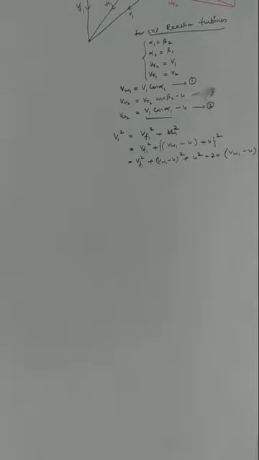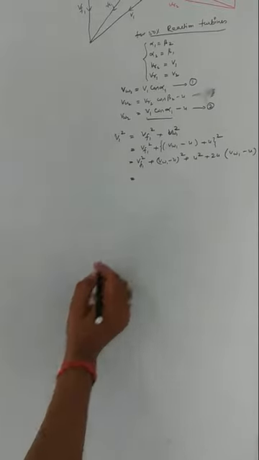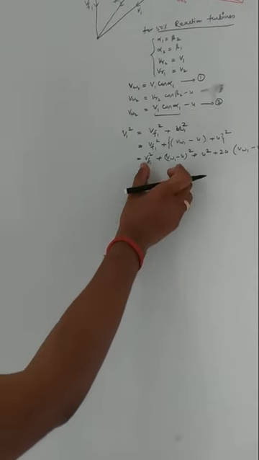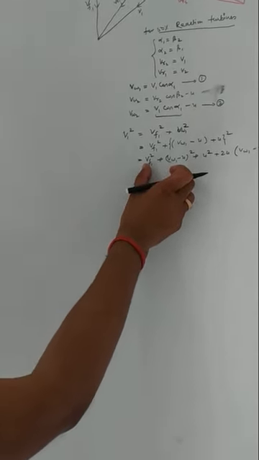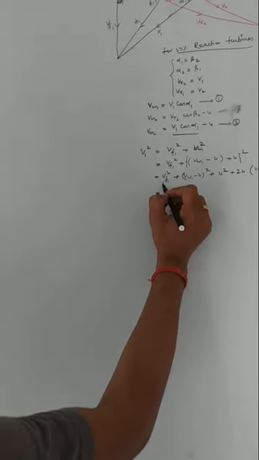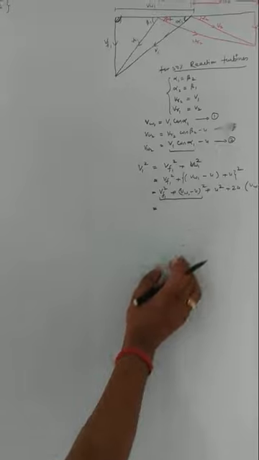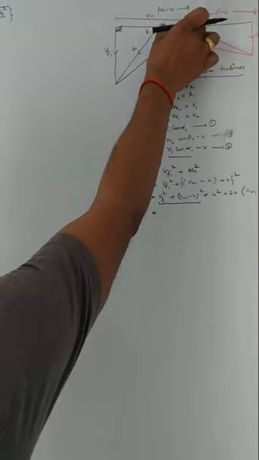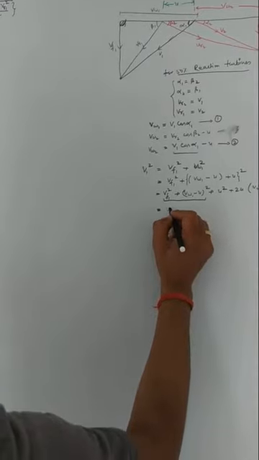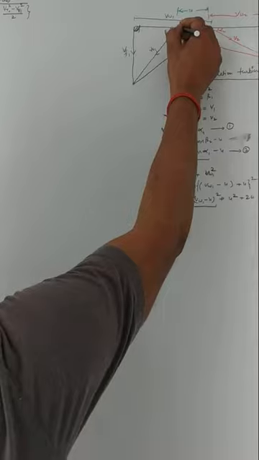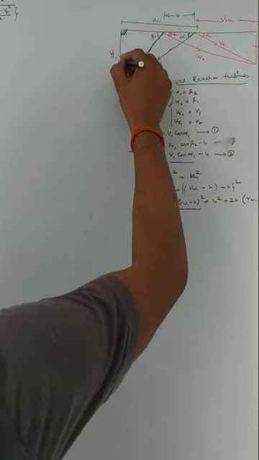Okay, so on solving, VF1 square plus (VW1 minus U) whole square is equal to VR1 square, from the smaller right angle triangle.